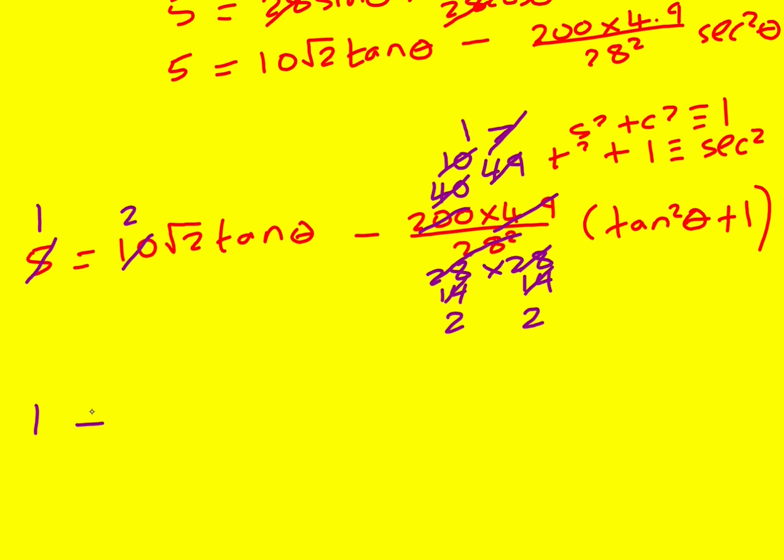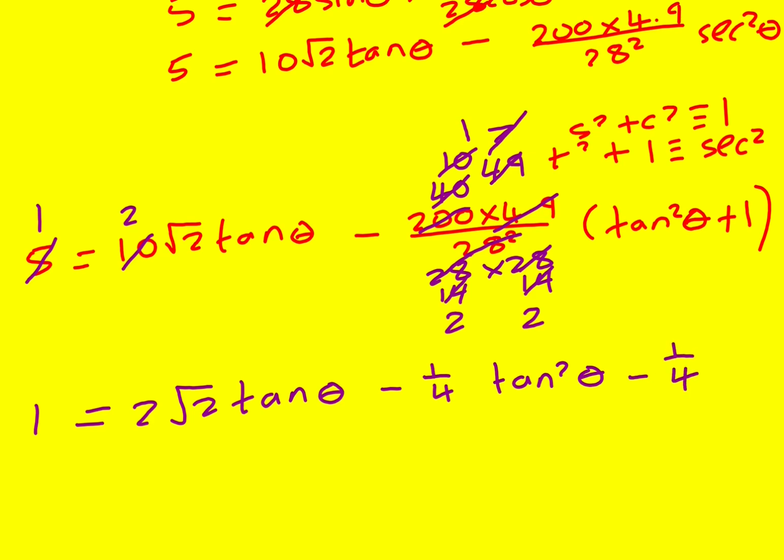So to tidy up, 1 is equal to 2 root 2 tan theta minus a quarter tan squared theta. Actually, let me expand the bracket while I'm at it. Minus a quarter. All right, I'm not a fan of that quarter, so I'm going to times through by 4.